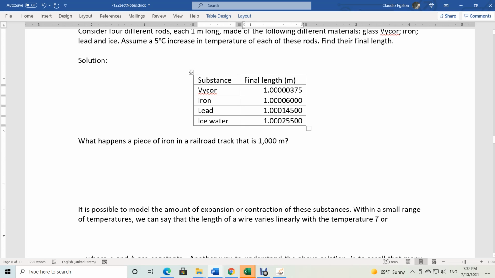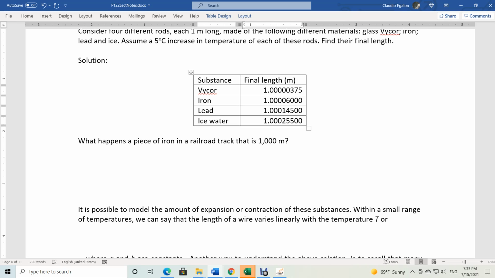1, 2, 3. And we get, you know, 6 centimeters of difference. Okay, a railroad track that's 1 kilometer long ends up stretching, increasing in length by 6 centimeters. 6 centimeters is 2 inches.